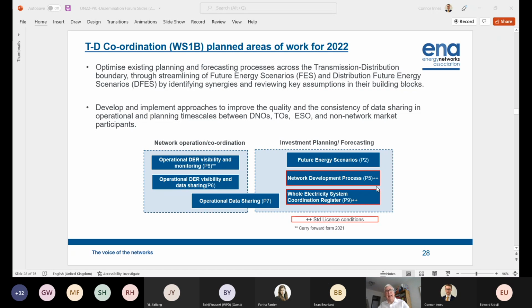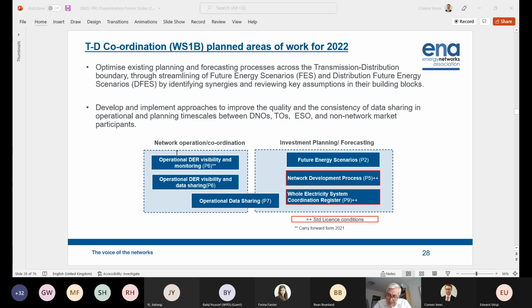They tend to use Elexon definitions for GSP groups. So what we wanted to do was establish a common understanding of GSP groups, and that has been delivered this year. So that's P2.